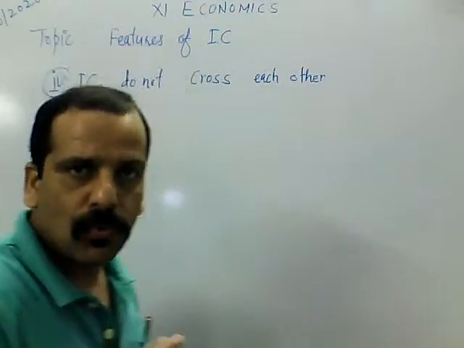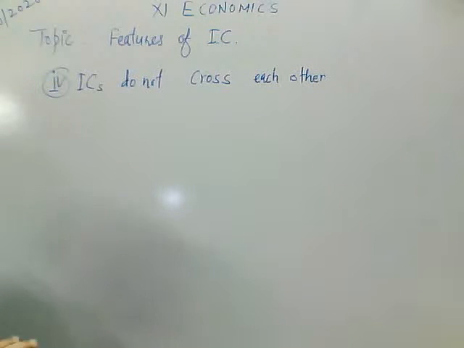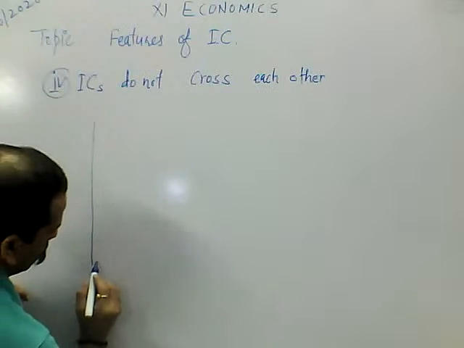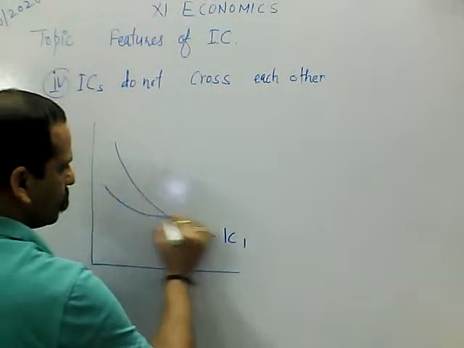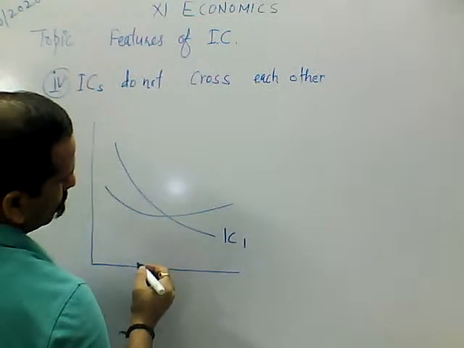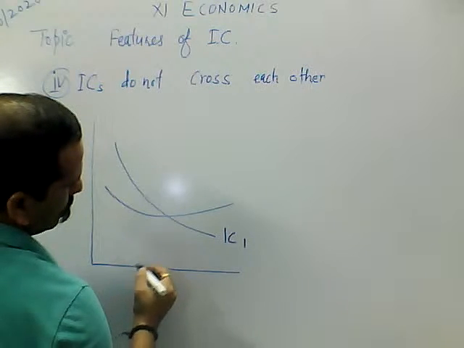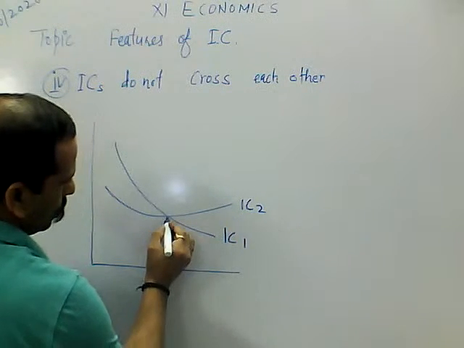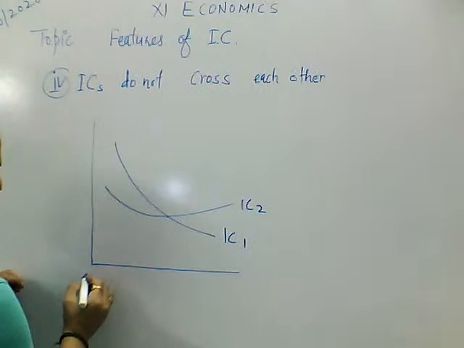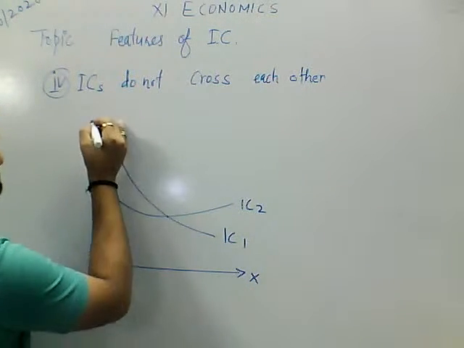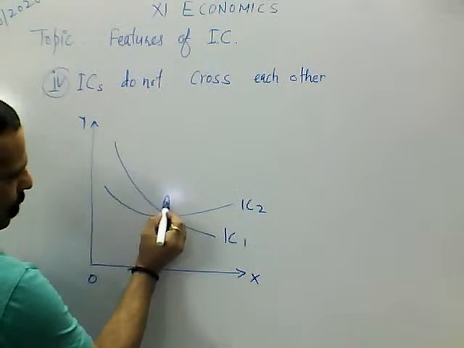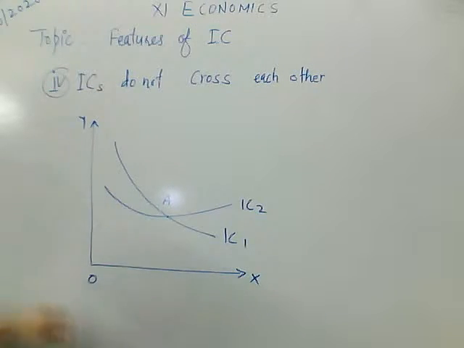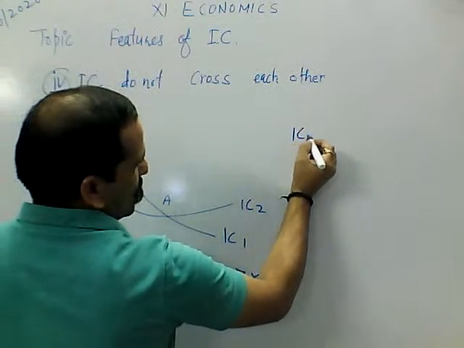Why not? Let us understand why two indifference curves should not intersect each other. Like this is your IC1, IC2, with goods X and Y. Now this is a combination A on IC1.